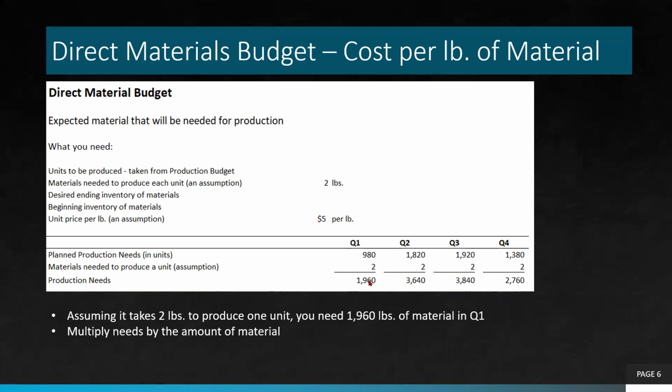So our materials need will be 1960, 3640, 3840, and 2760. And these are in pounds. That's how many pounds of material we will need to make the products to meet the sales projection. And all we're doing here is taking the planned production and multiplying that by the 2 pounds per unit.